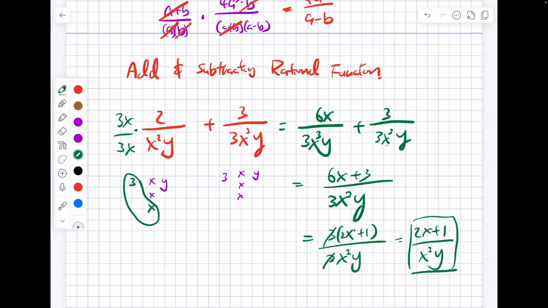I factored out 3 on the top because I can simplify. You're adding fractions just like before. They are no different than this test and the previous test. The idea is still the same.